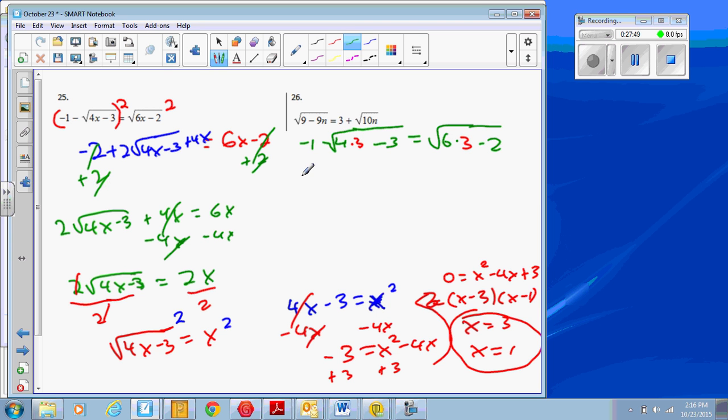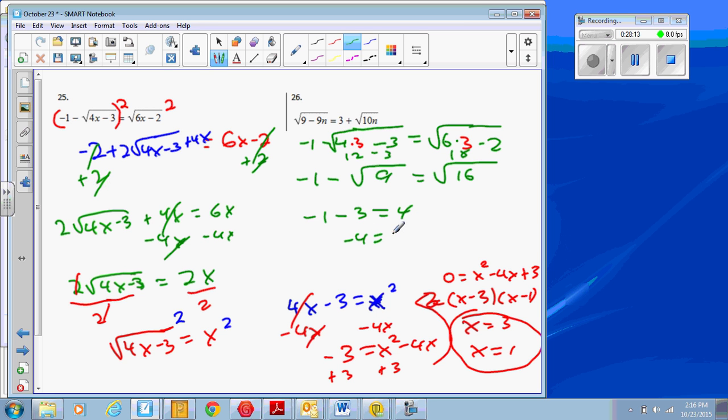And that becomes negative 1 minus the square root of 12 minus 3 is 9. Equals the square root of 18. 6 times 3 is 18. Minus 2 is 16. So I have negative 1 minus 3 equals 4.